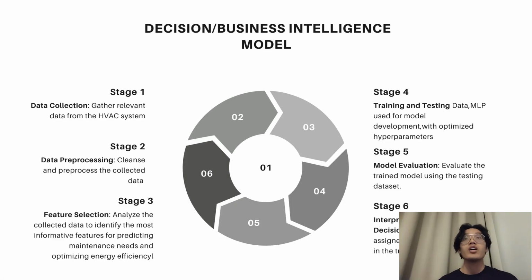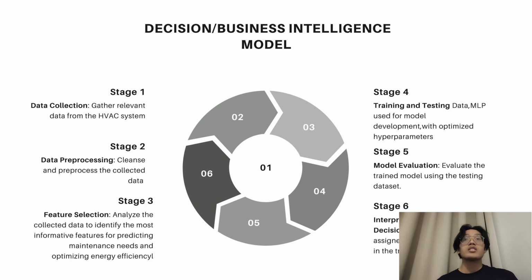Right, to continue on the decision business intelligence model, there are 6 stages. Firstly, data collection, where we gather relevant data from the HVAC system. Stage 2 is data pre-processing, where we cleanse and pre-process the data collected in stage 1. Next is feature selection, where we analyze the collected data to identify the most informative features for predicting maintenance needs and optimizing energy efficiency.